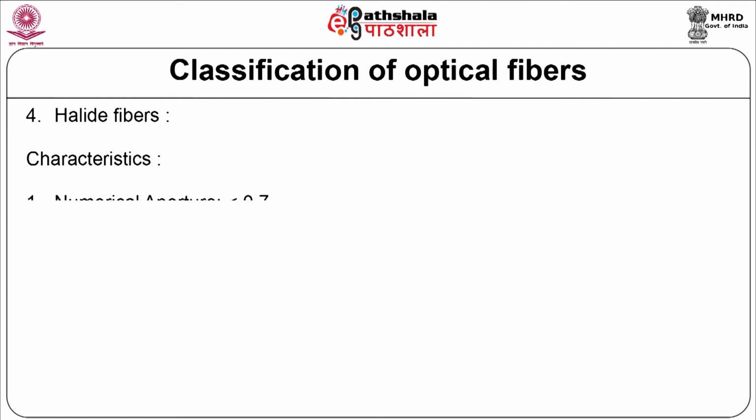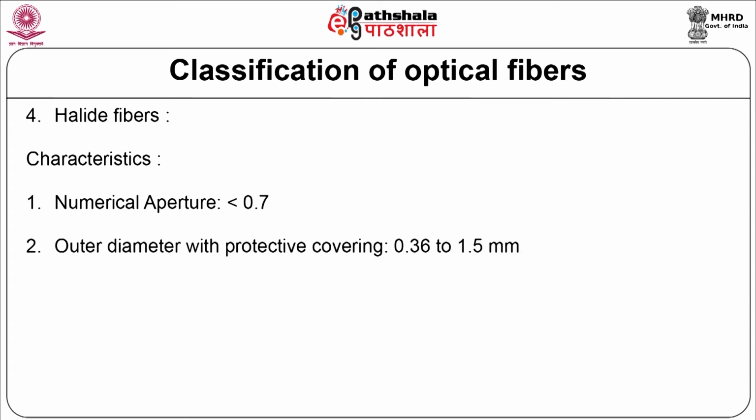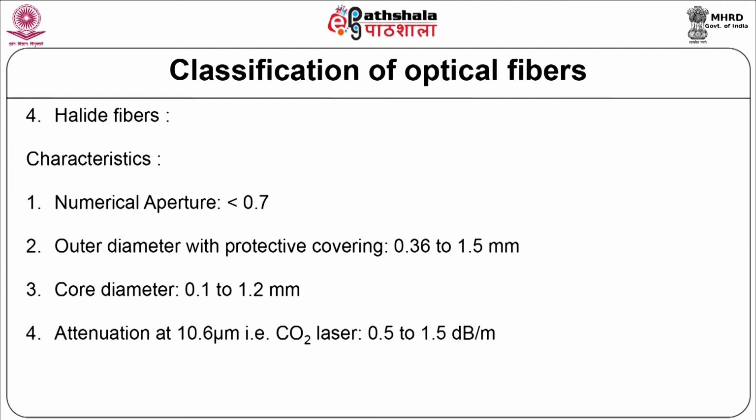Characteristics are: numerical aperture less than 0.7, outer diameter with protective covering is 0.36 to 1.5 mm, core diameter 0.1 to 1.2 mm, attenuation at 10.6 micrometer, that is CO2 laser, is 0.5 to 1.5 dB per meter, attenuation at 5 to 6 micrometer, that is CO laser, less than 2 dB.